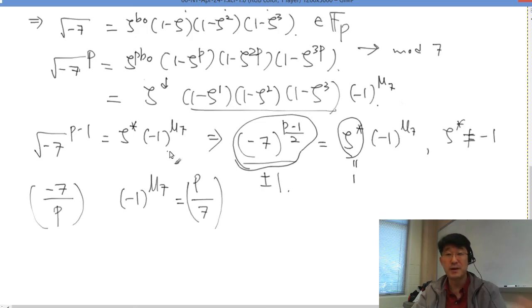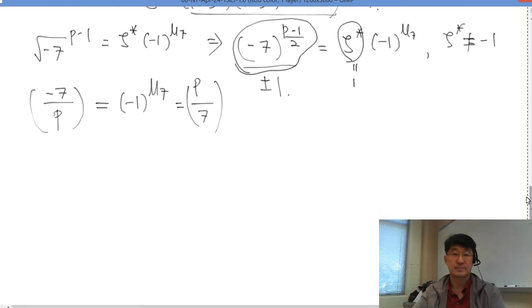But these two are equal to each other, -1, congruent, and they're the same. And that's the reciprocity that just happened: -7 over there and p over there, okay? It doesn't matter, this -1 will take care of it.